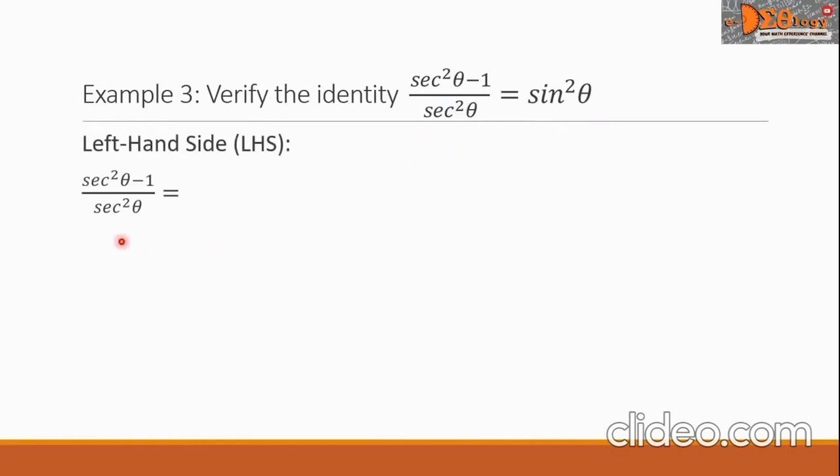I copied the left hand side in here, and then one Pythagorean identity says secant square theta equals tangent square theta plus 1. I am going to replace the secant square theta of the numerator with this value, tangent square theta plus 1.